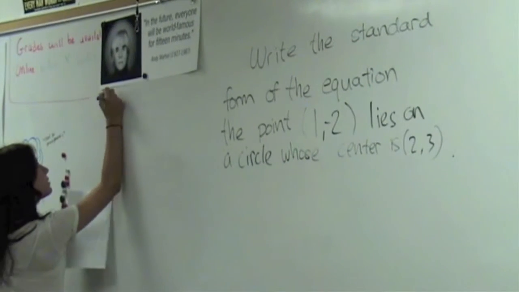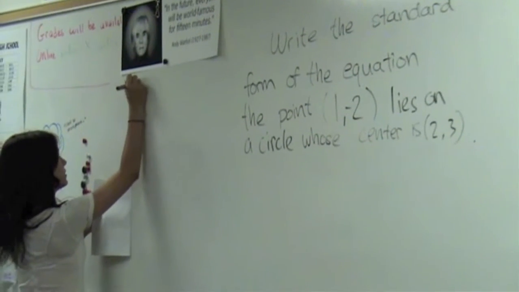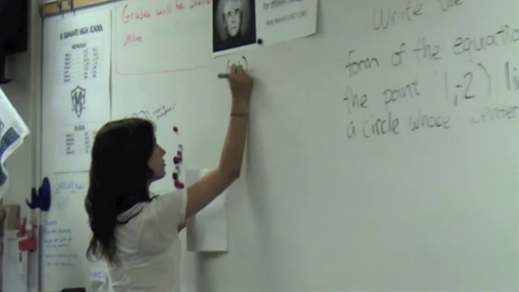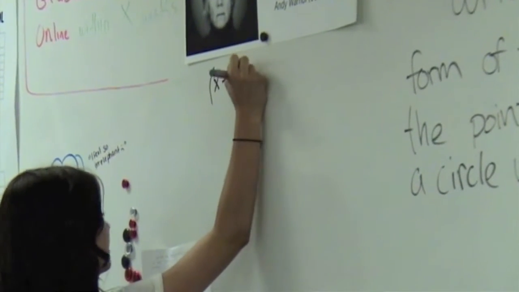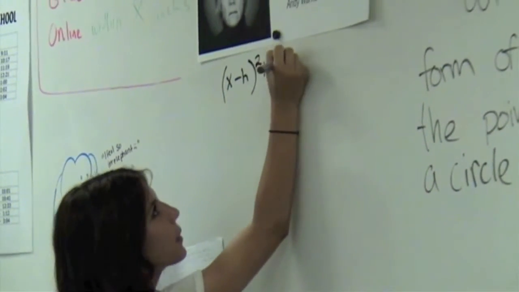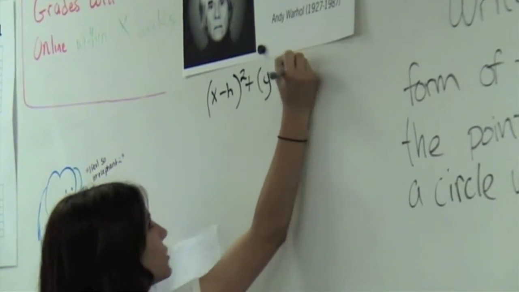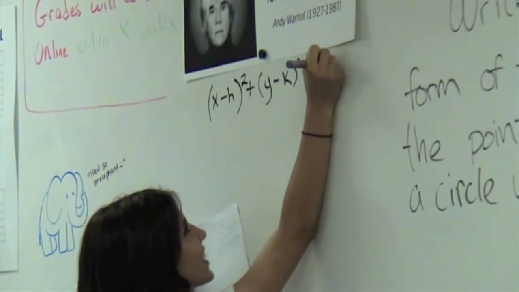The formula to finding the equation is (x minus h) squared plus (y minus k) squared equals r squared.